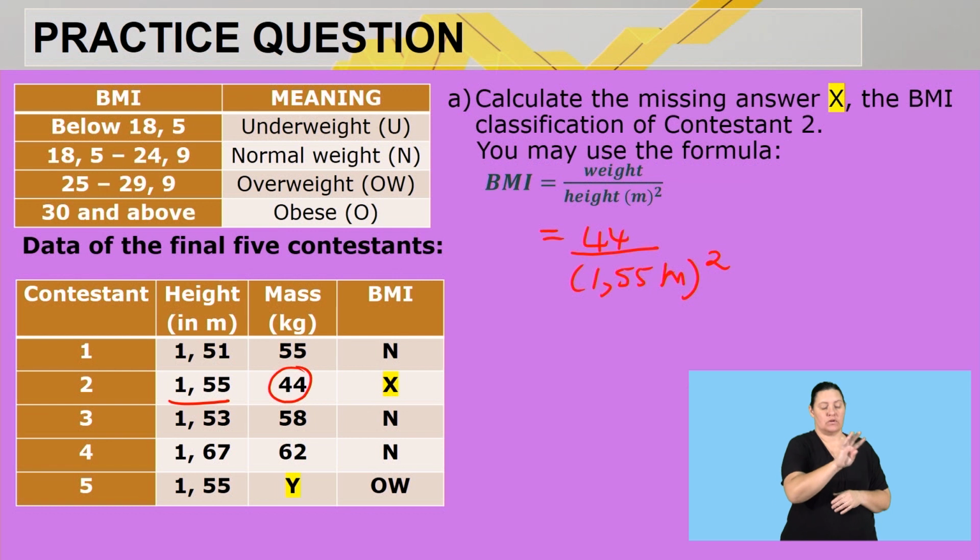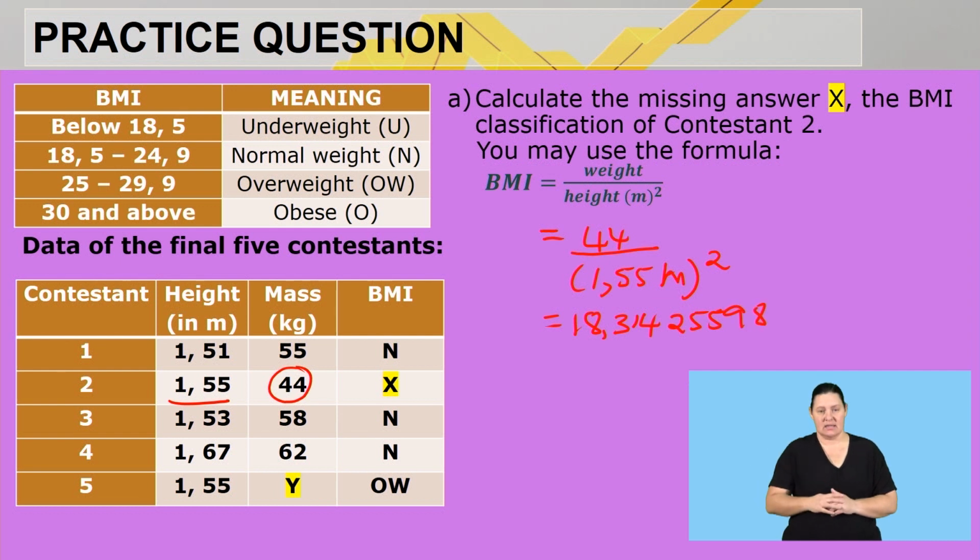So I'm going to say 44 divided by 1.55 squared, and that gives me an answer of 18.3142558, and this will be, if I look at it, kilograms per square meter.